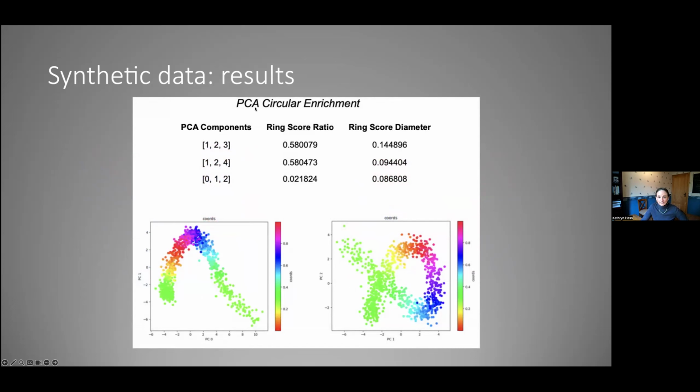So by looking at the circular enrichment, we see that we had quite nice ring scores when we're looking at PCA components 1, 2, 3 and 1, 2, 4. This, for example, is showing us the projection onto PC1 and PC2, that there's this very nice ring structure that we see here. The color here is corresponding to the coordinates or the phase as we go around the circle. So you see that there's a very nice presentation of this.